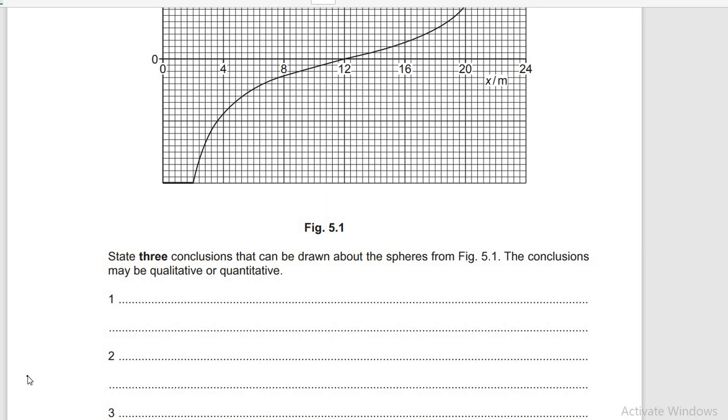So let's start like this. Like I said, since electric potential is a scalar quantity, we are going to follow the way the graph goes.